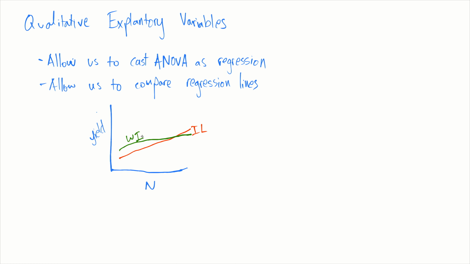So our qualitative variable is the state, Wisconsin or Illinois, and the continuous variable is nitrogen. What if we wanted to ask, are these lines different from one another? Is the response of corn yield to nitrogen different in these different states? And that's what qualitative explanatory variables are going to allow us to do.